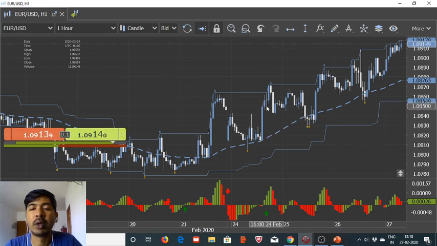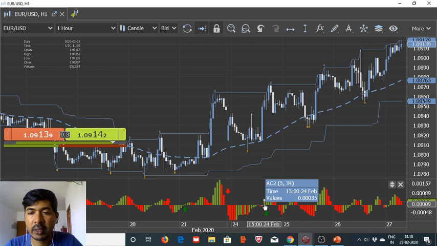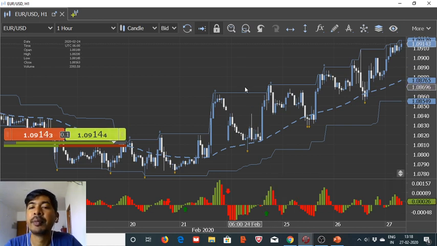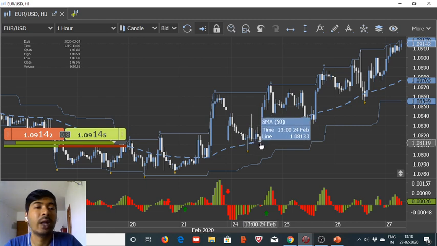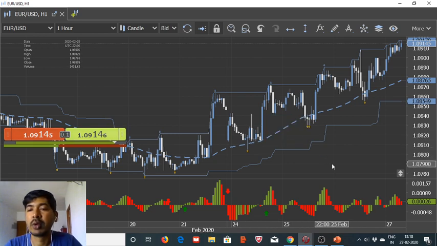So the trade would not have been executed if we were running this algo. Here the AC2 condition is fulfilled, the deviation of 30 pips is also fulfilled, but the price band is not fulfilled, and because of that the trade will not be executed.